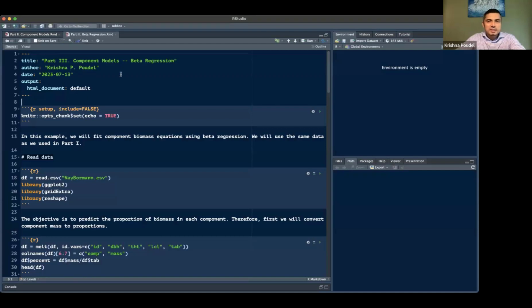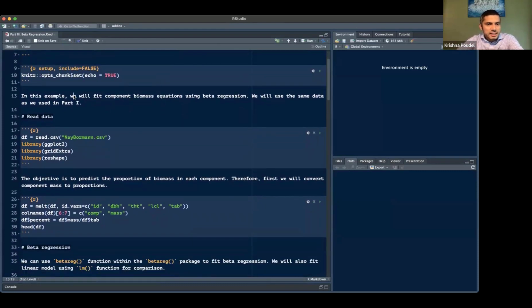And for that, I know we are moving fast, but okay. So in this case, what we will be doing is, instead of predicting actual biomass, okay, yeah.